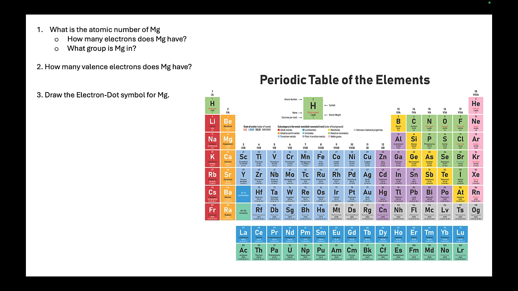Being in group 2, however, magnesium has 2 valence electrons. For our main group elements, so 1, 2, 3, 4, 5, 6, 7, and 8, your group number is going to correspond to the number of valence electrons that you have. We can then work to draw the electron-dot symbol for magnesium.